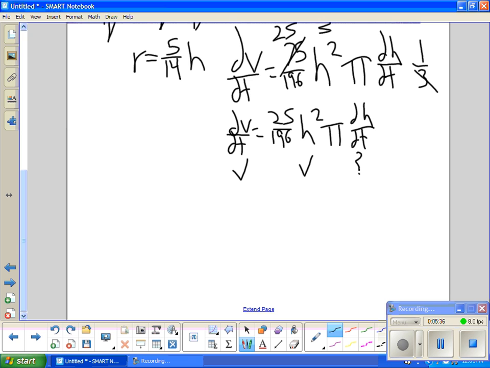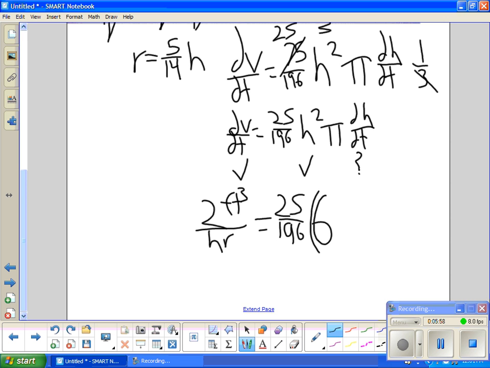So we plug in the numbers we know, which is a rate of 2 feet cubed per hour equals 25 over 196 h, and h is equivalent to 6, squared times pi dH dt. 6 has units of feet.